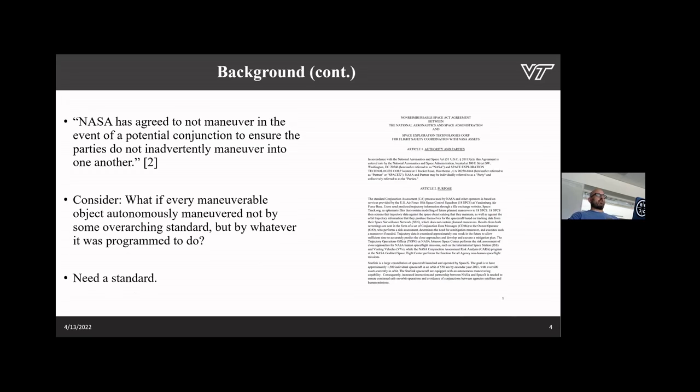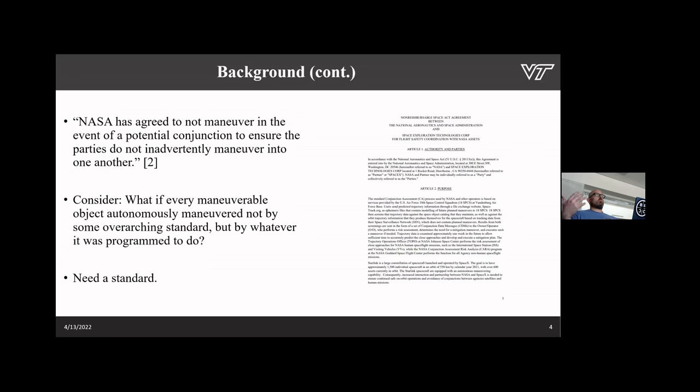This one is an agreement between NASA and SpaceX, where I pulled out one line that I thought was interesting: NASA has agreed not to maneuver in the event of a conjunction, to ensure it does not inadvertently maneuver into one of SpaceX's satellites.